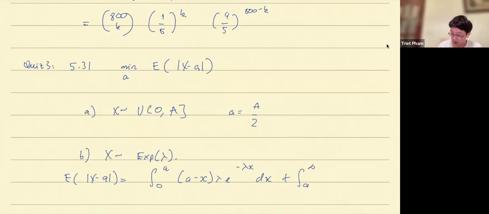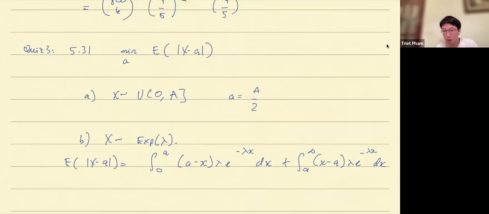And if X is bigger than a, it's x minus a. That's the expectation. The second thing is to do calculus with this: differentiate with respect to a and set equal to 0. How do we deal with that step?